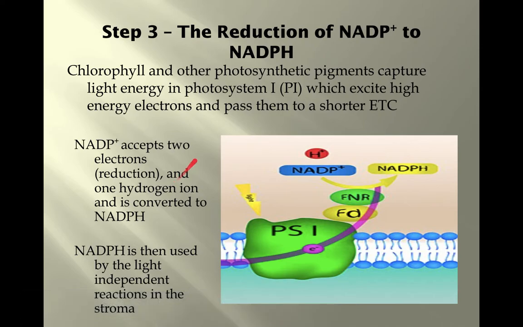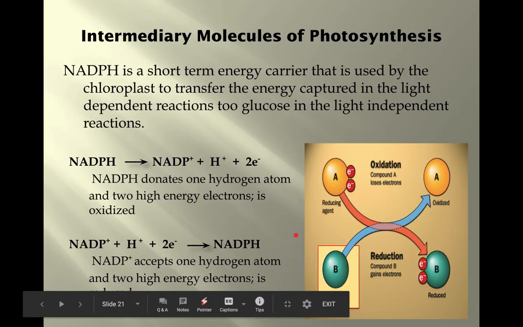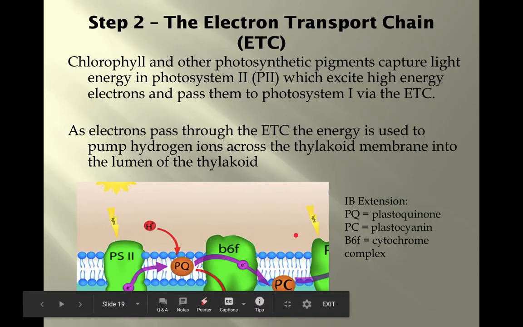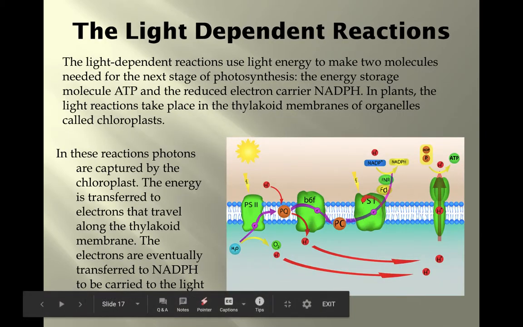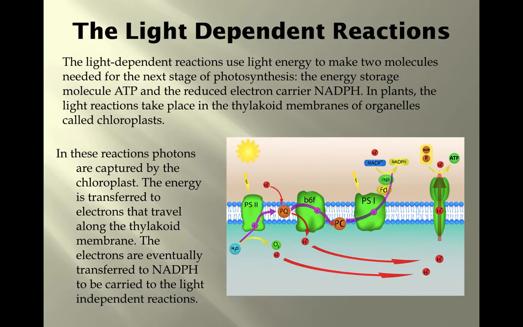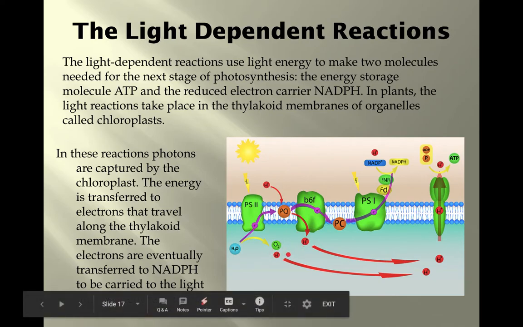So in this set of reactions, we have photosystem 1. Photolysis produces the electrons, and the electrons are passed through the ETC. The protons are pumped in that process and they accumulate in the thylakoid lumen. They'll be used later.